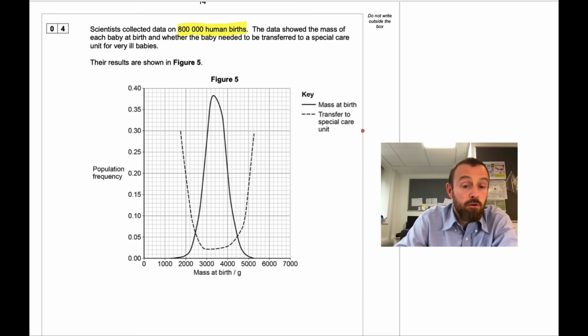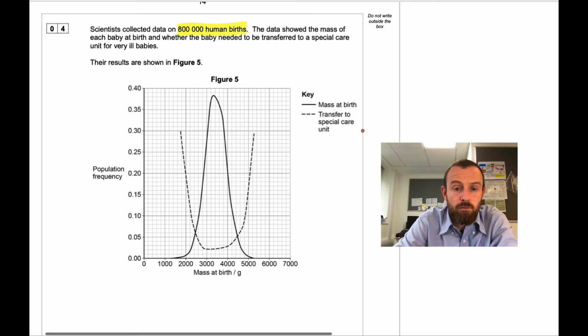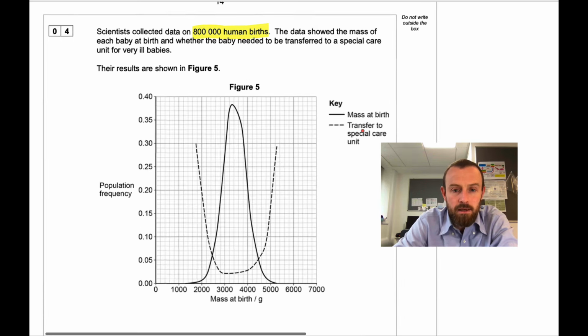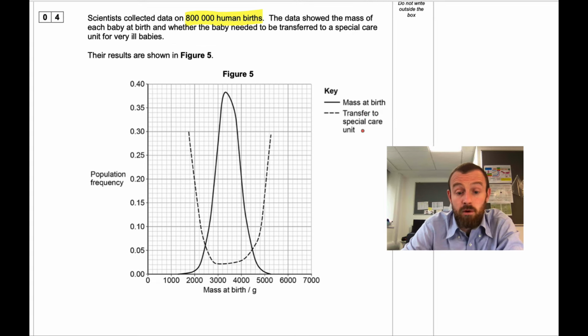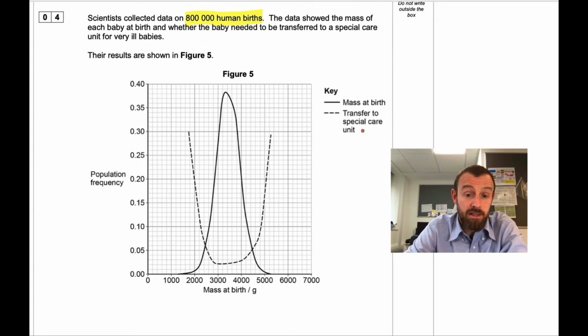Now, hopefully, when you see this graph, you should basically automatically be thinking stabilizing selection, because this is one of the key examples of stabilizing selection, birth weight of human babies. What this shows is that babies born of very low mass, let's say 2 kilograms, 2,000 grams, are much more likely to need to go to a special care unit, and therefore more likely to die.